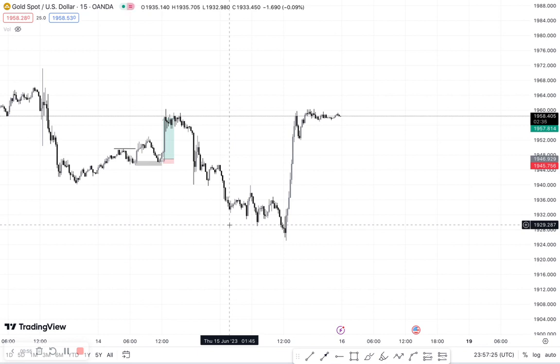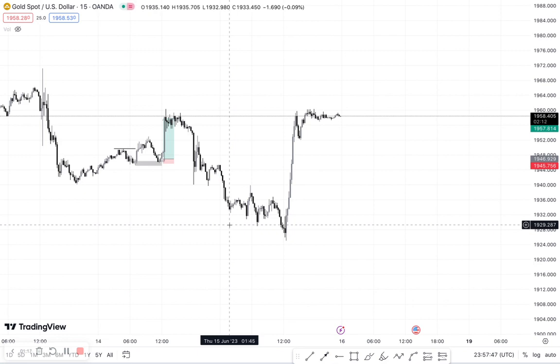When it's giving you a series of lower highs and lower lows, it shows the market is moving down. In this situation, you look for sell opportunities, while when the market is giving you higher highs and higher lows, you'll be looking out for buying opportunities.